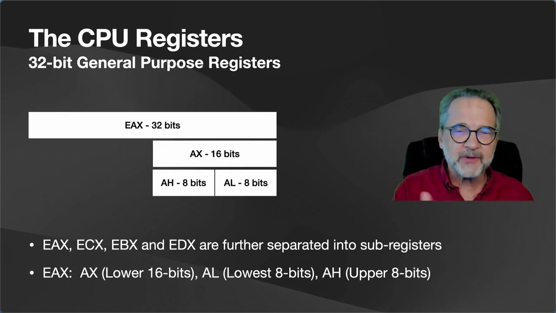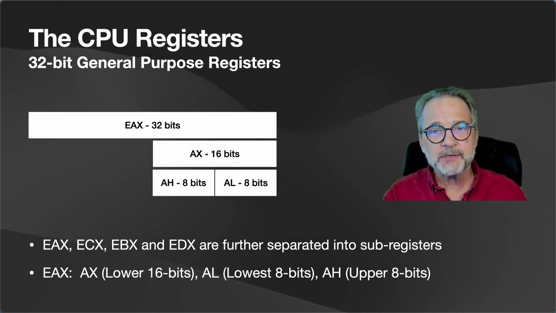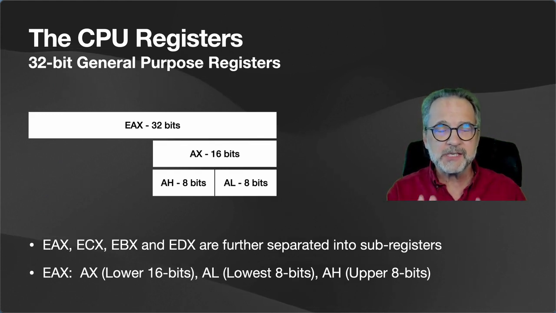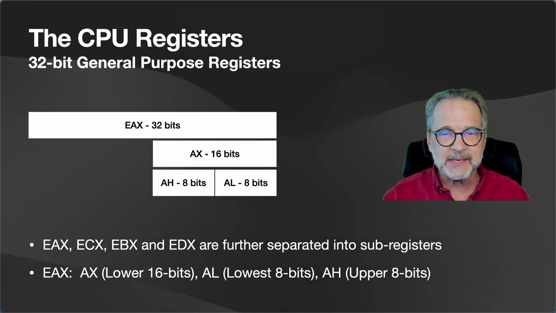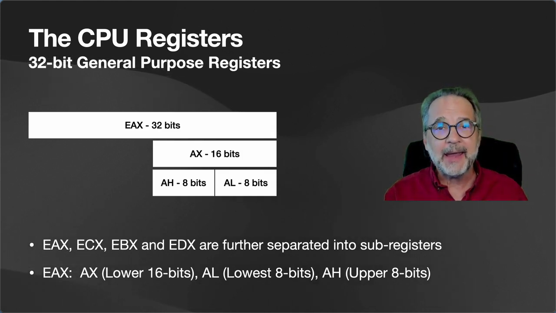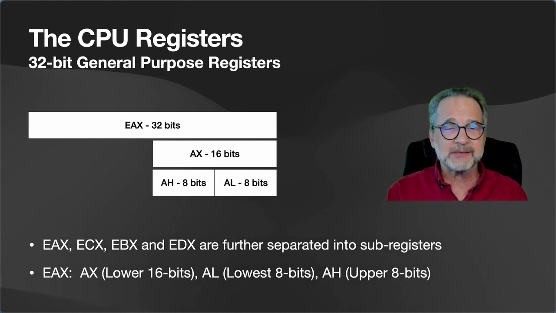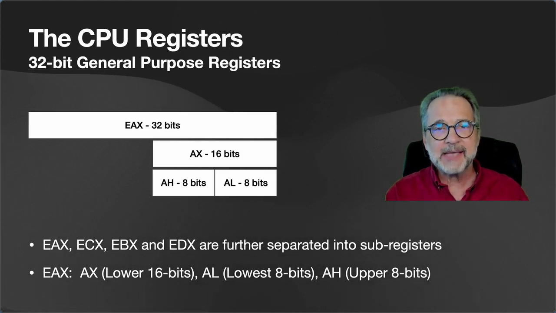Now, here's where it gets kind of weird. The first four general purpose registers you can split up. This is a compatibility issue from way back in the 1980s, when we had 8-bit registers and soon after 16-bit registers, and these applications may still be able to run on Windows.